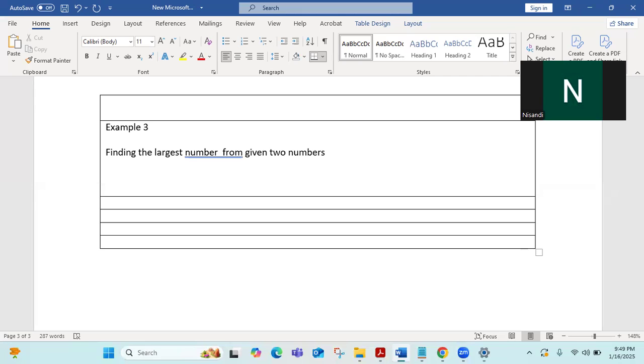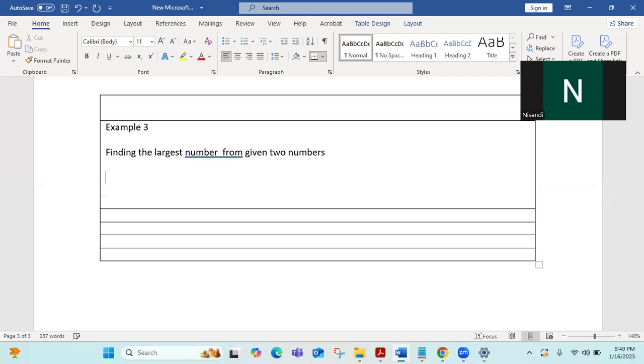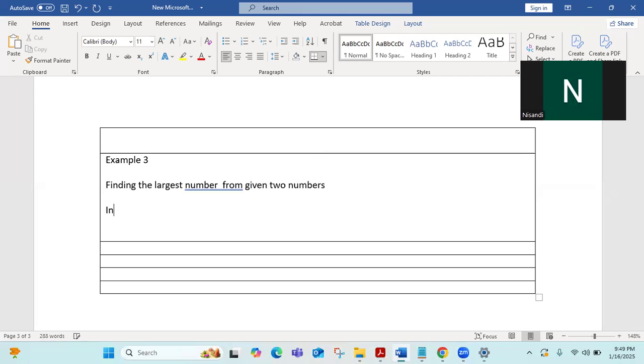Okay, so for this question, what is the input? Two numbers.